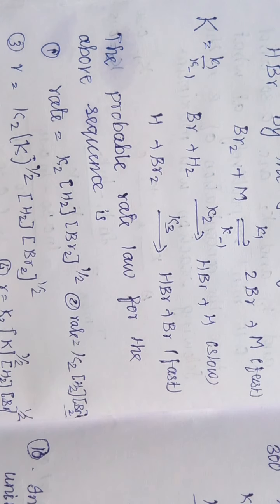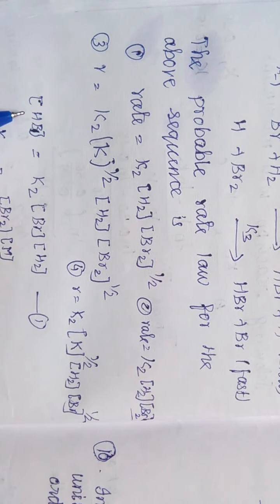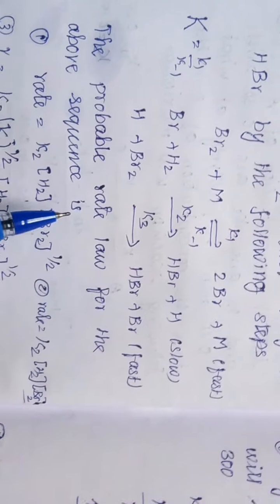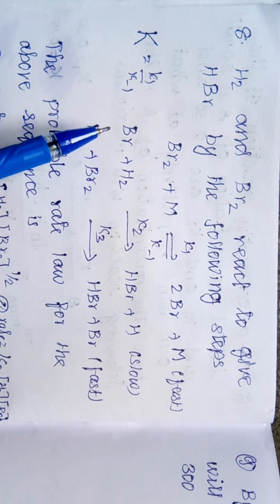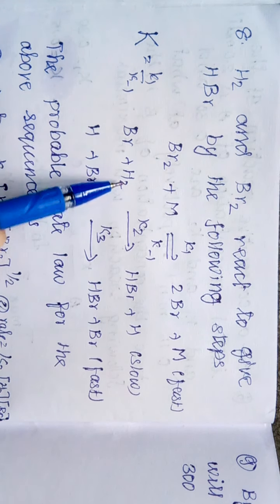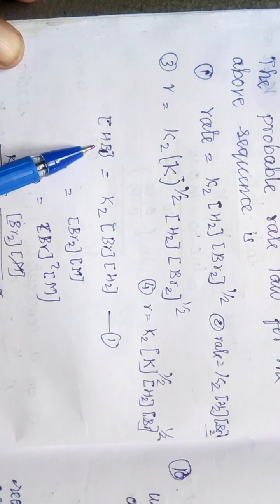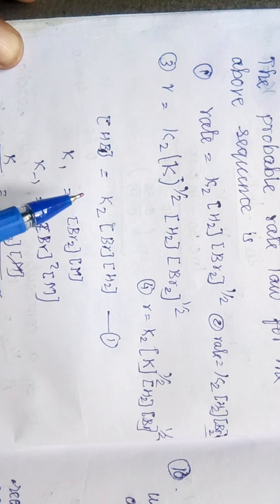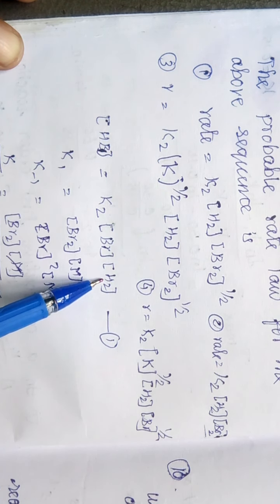For the rate of HBr, we have to use the formula. The rate of formation of HBr will be K2, since HBr is produced in this step: rate equals K2 into concentration of Br into concentration of H2.